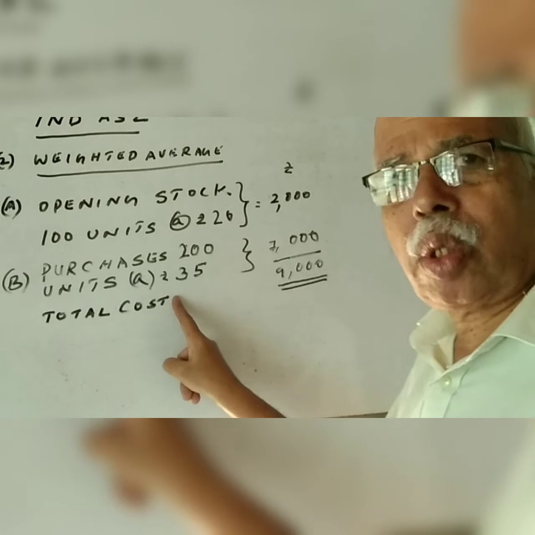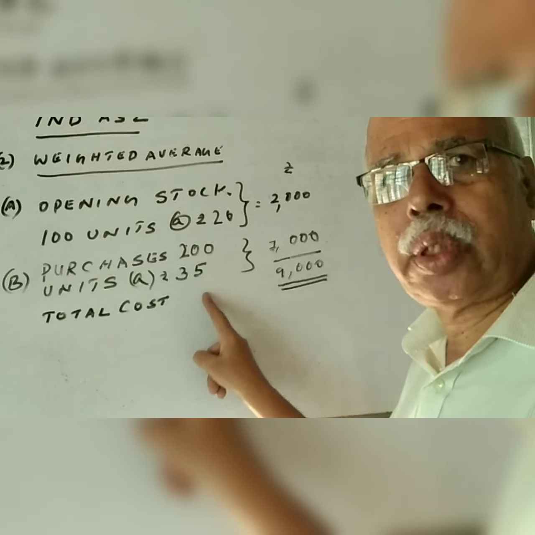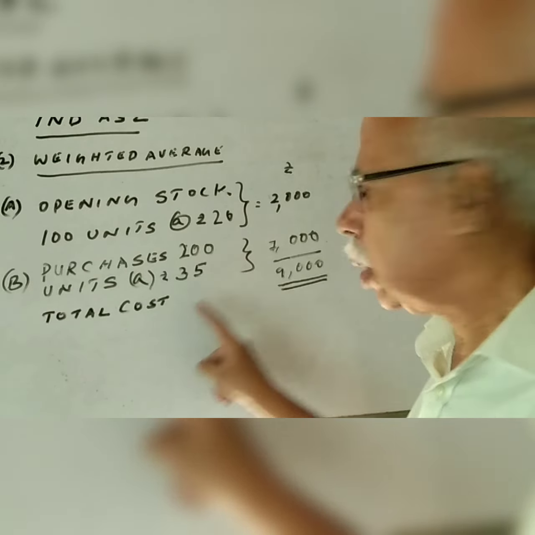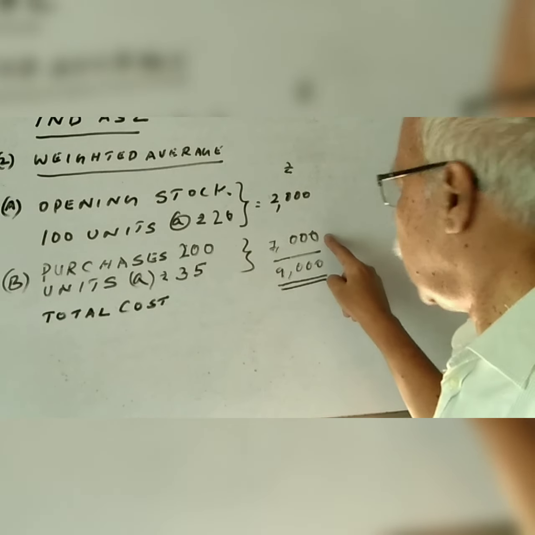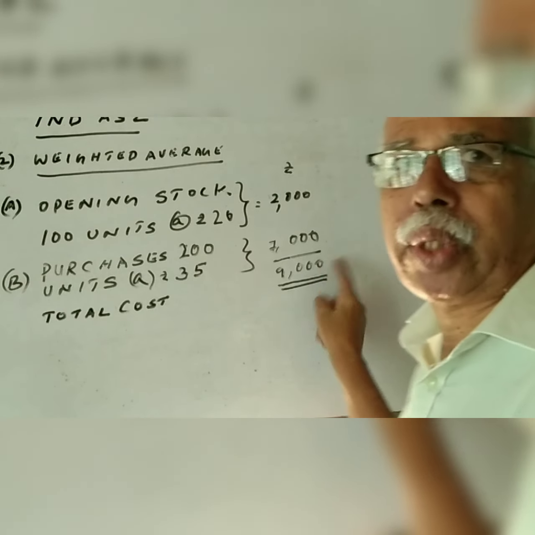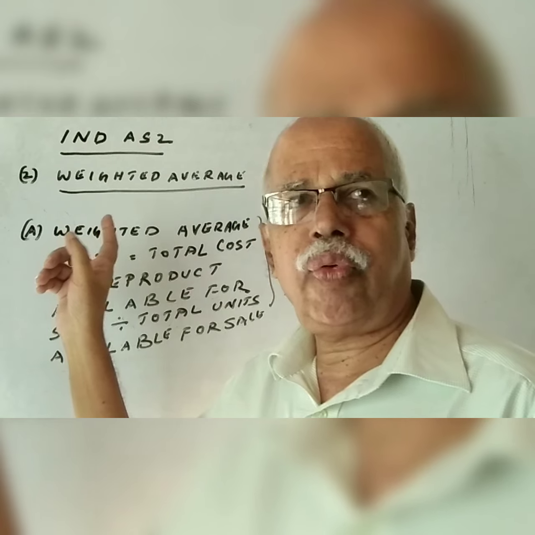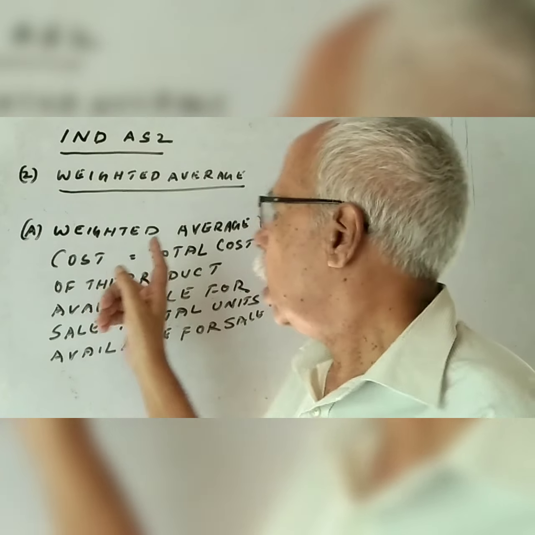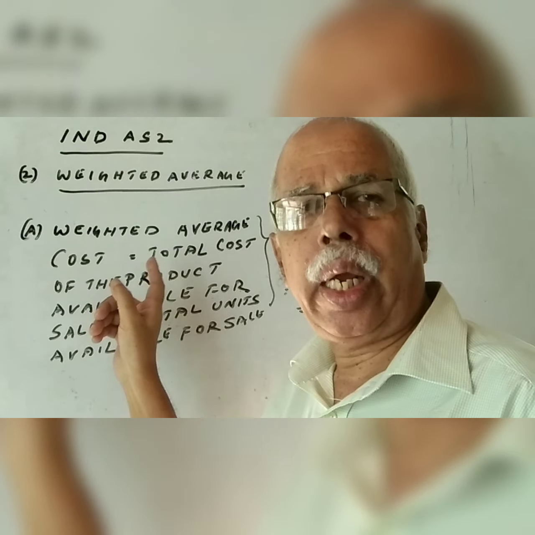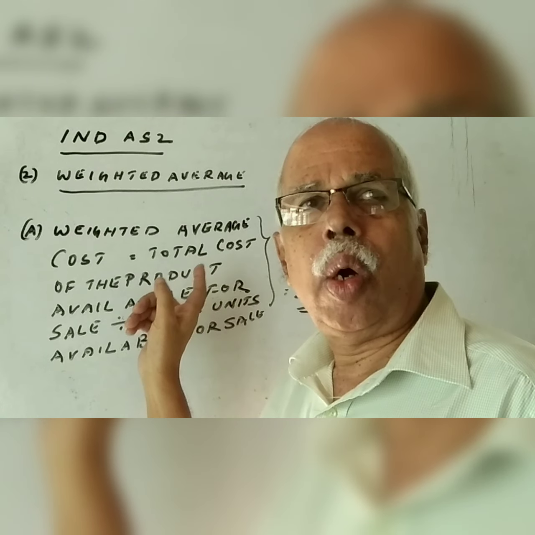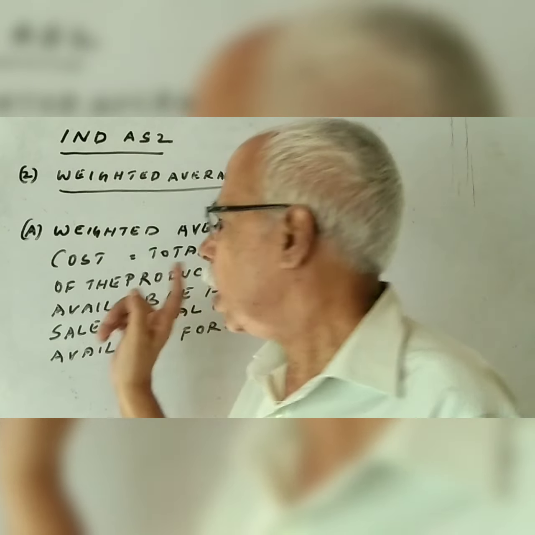So the total cost of products available for sale during that particular year was 2,000 plus 7,000 is equal to 9,000. We will first need to find out the weighted average cost of a unit of the product.